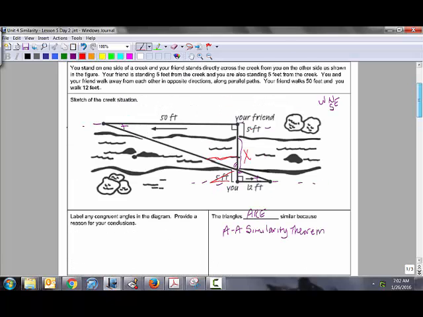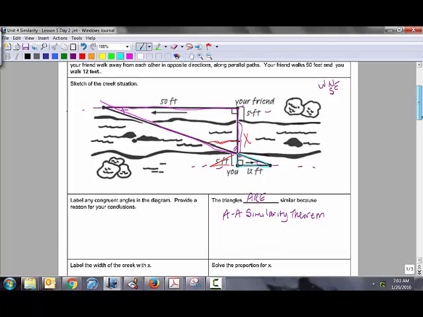Now, that means the two triangles that I'm looking at, this triangle here, the big one, and then the smaller one here. So again, I have to match up corresponding sides between those two triangles.